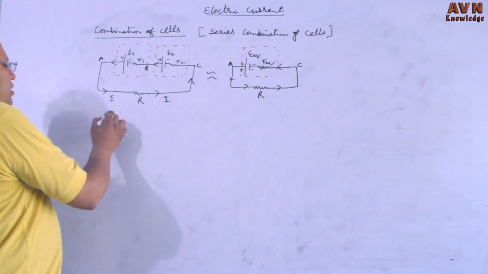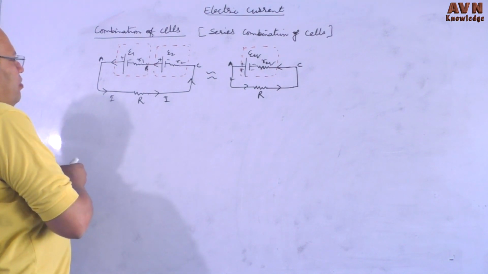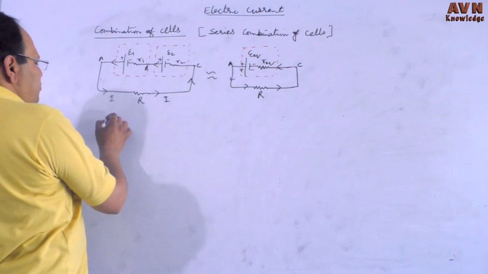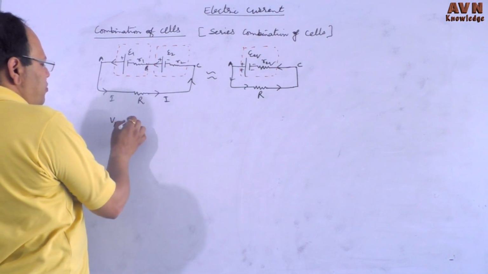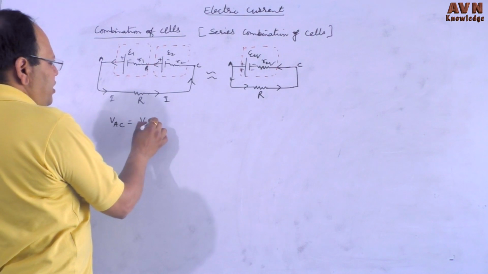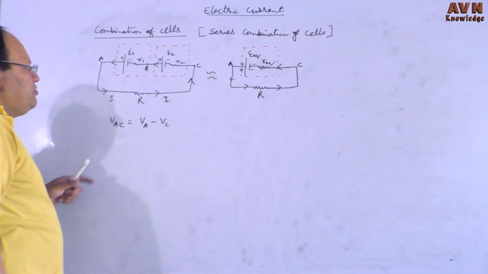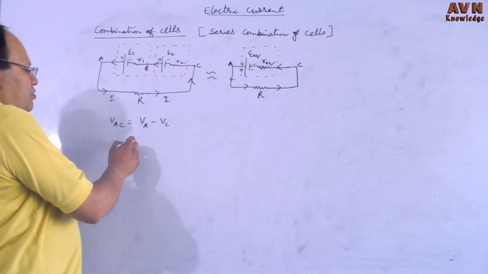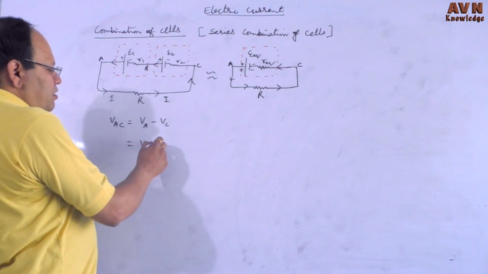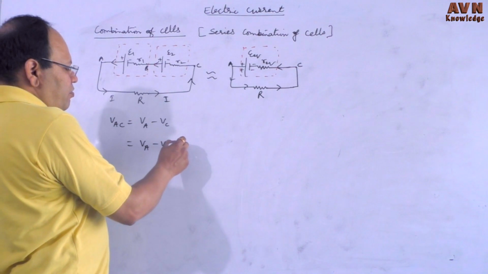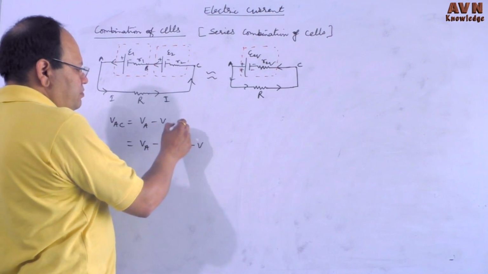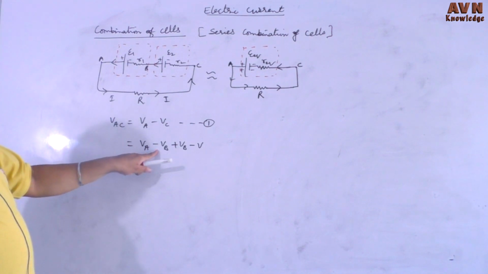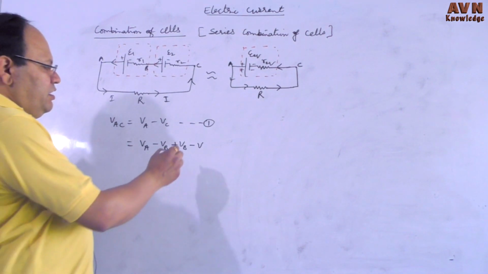So we can write, what is the potential difference between A and C? We can write VAC equal to VA minus VC, the potential difference between point A and point C. So we can use VA plus B or minus B, plus B and minus B, and this is the VAC.